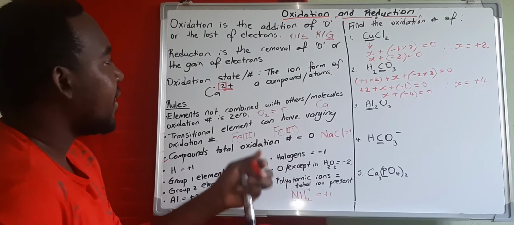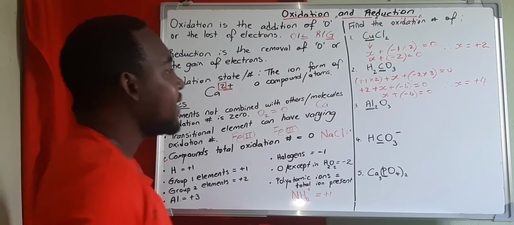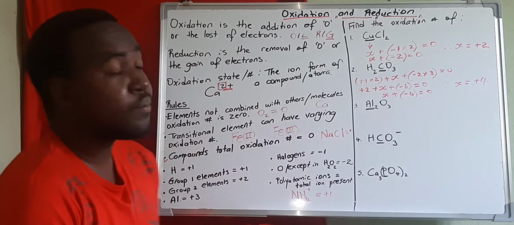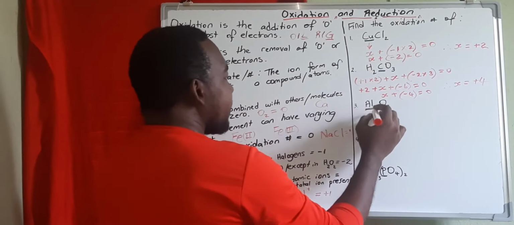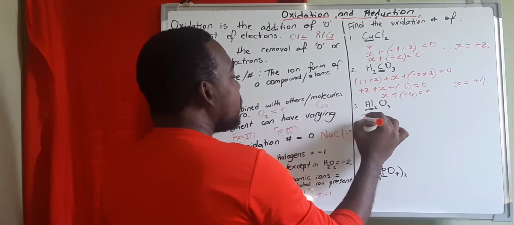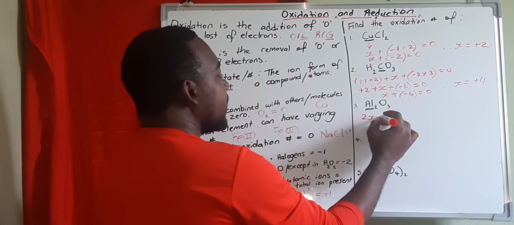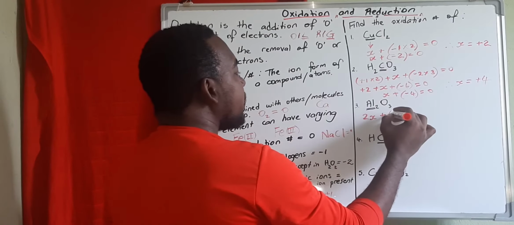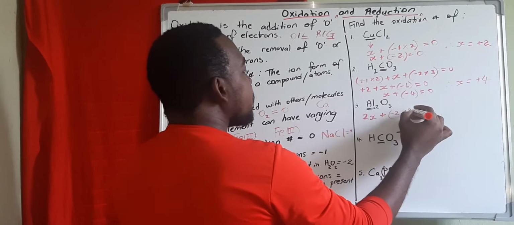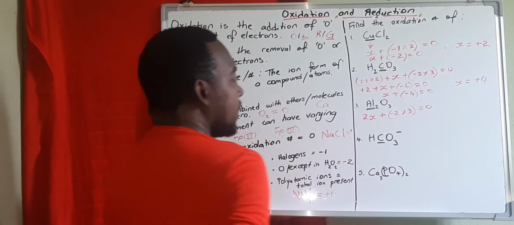Right? Let's look at aluminum oxide. So again, it is a compound, so it is equal to 0. So we have 2 aluminum here, so we have 2x, because we don't know what aluminum is, plus oxygen again, it's -2, we have 3 of it, so it's -2 times 3, and it's equal to 0.